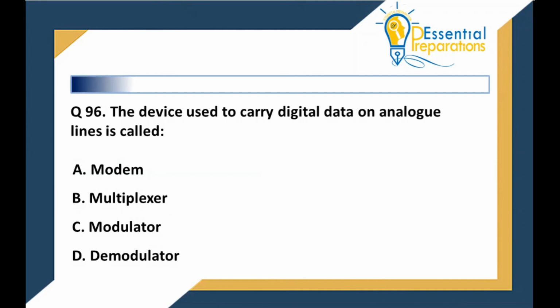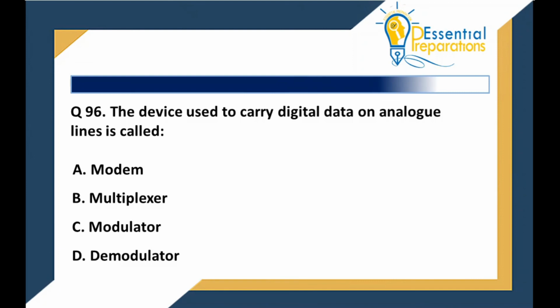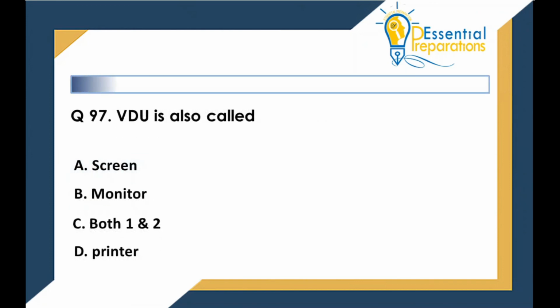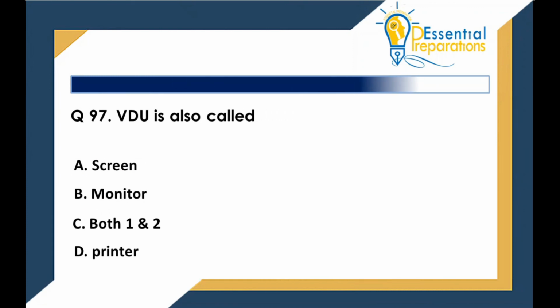The device used to carry digital data on analog lines is called A. Modem. VDU is also called C. Both 1 and 2.